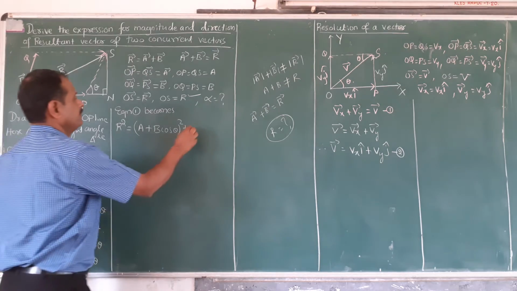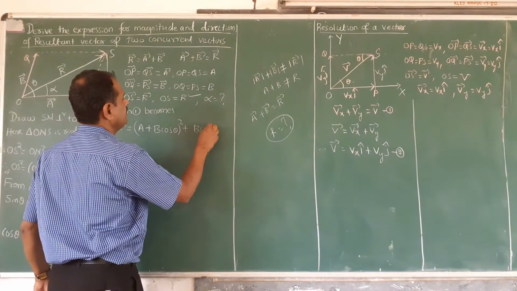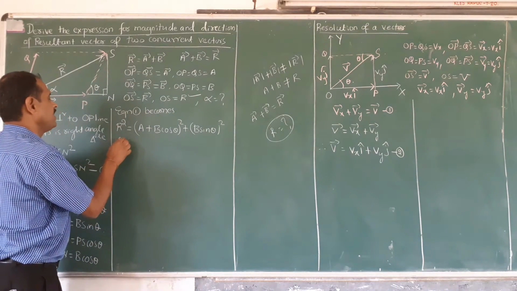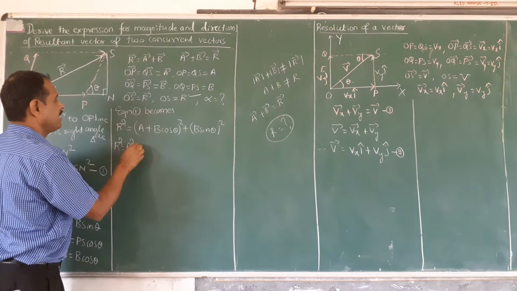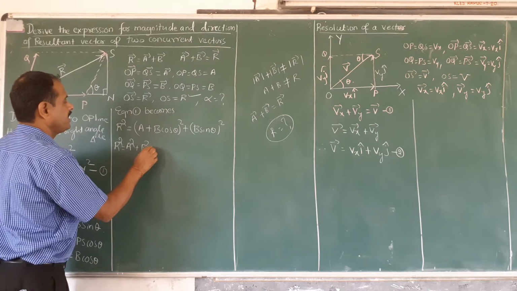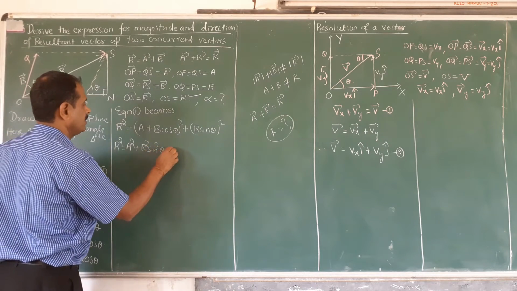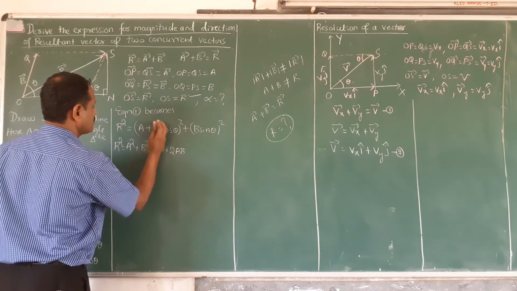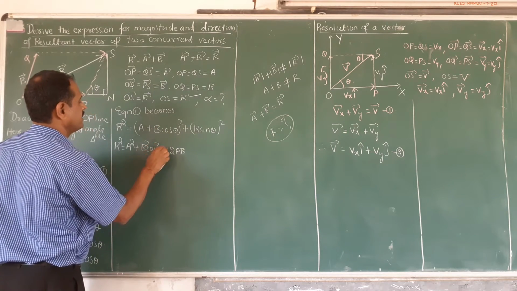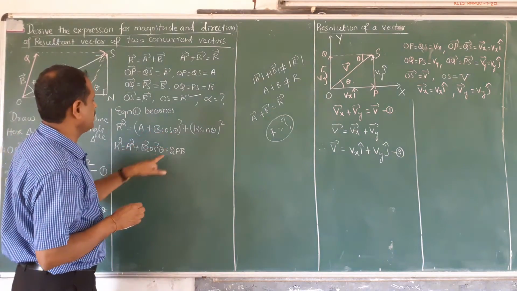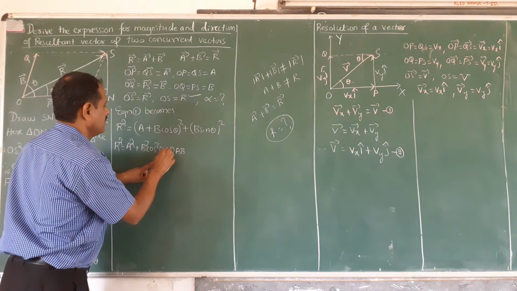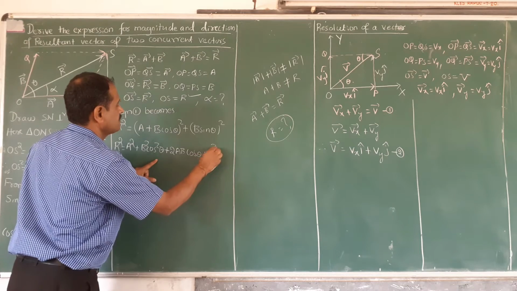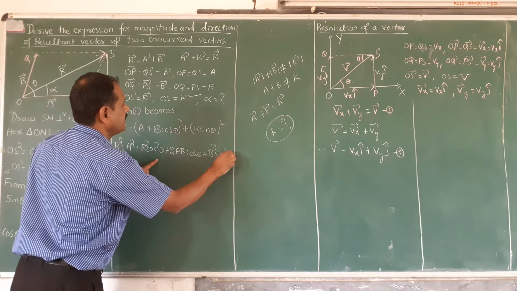SN is B sin theta whole square. Fine. R square is equal to A square plus B square sin square theta plus 2AB cos square theta. A square plus B square cos square theta plus 2AB cos theta plus B square sin square theta.